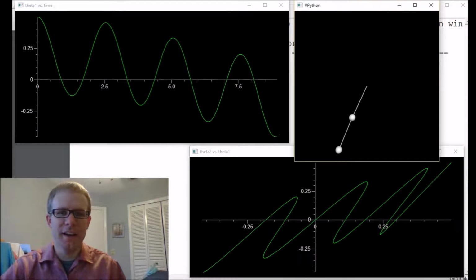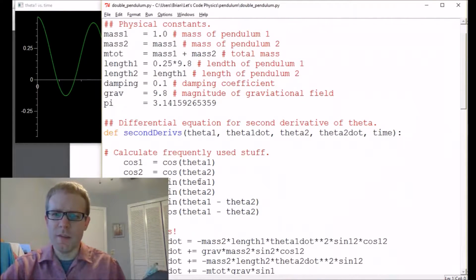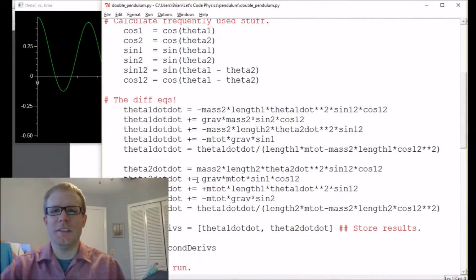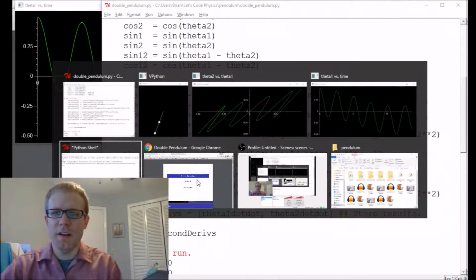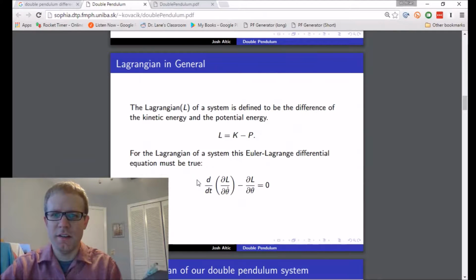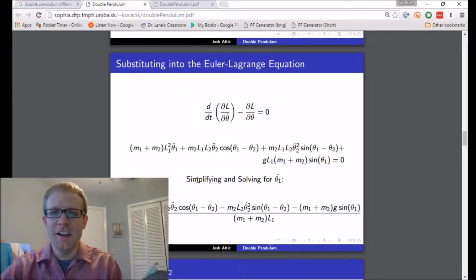So the first thing let's do is double check and make sure the differential equation matches this guy's derivation. And then I really need to check that the derivation's correct.